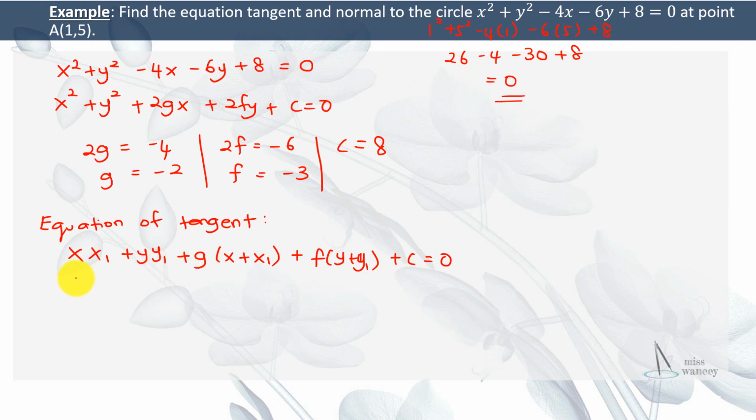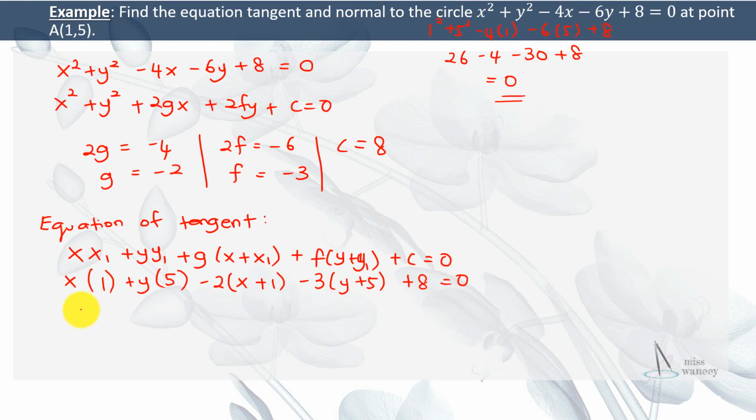Okay, so let us substitute. x will remain as x. x1 is the x coordinate of A, which is 1, plus y times the y coordinate of A, which is 5. Then plus g, which is -2, times (x plus 1), plus -3 times (y plus 5), plus 8 equal to 0.